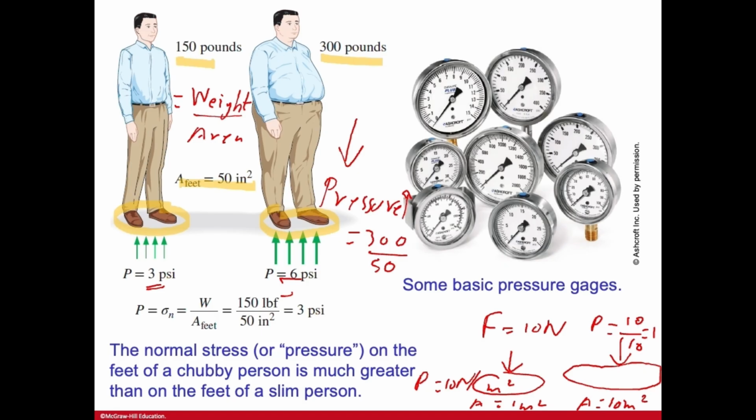So hopefully that is a straightforward enough explanation of how pressure is equivalent to normal stress. But one thing you have to keep in mind, something that we mentioned in one of the previous sections, is that pressure is equal to normal stress only when the fluid is at rest.